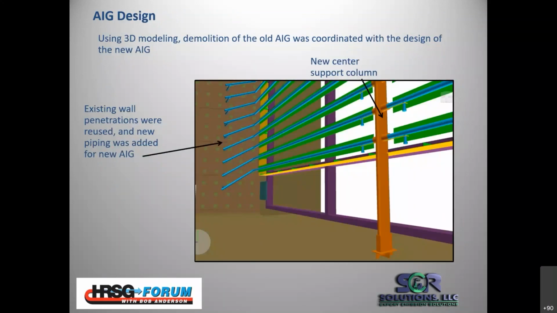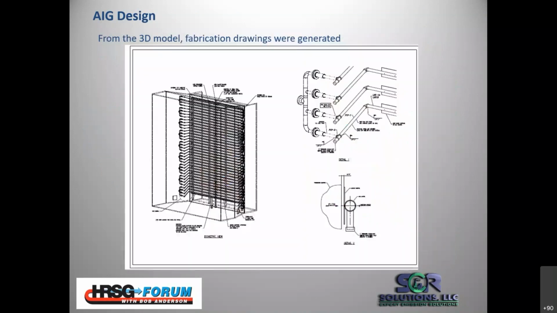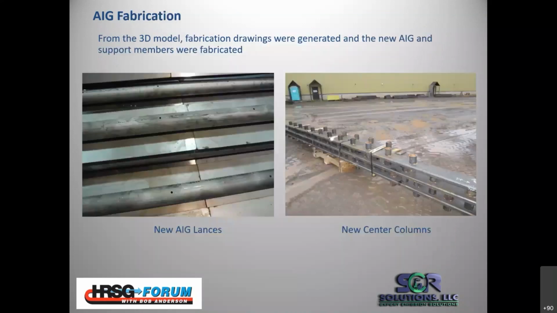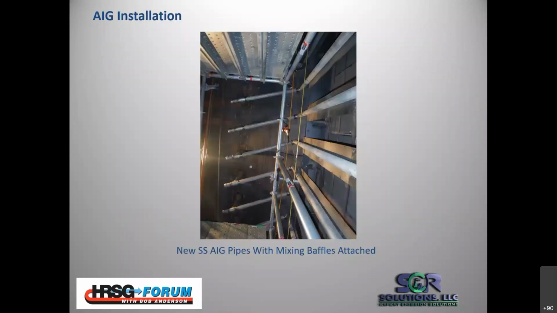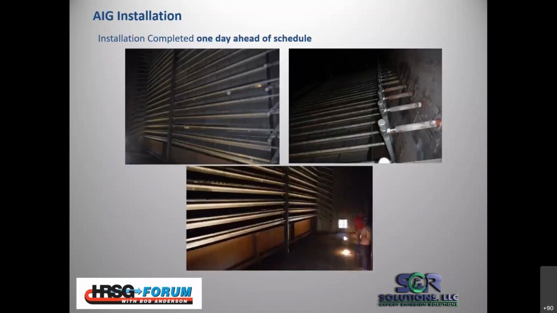There you can see the work that was done. This is a 3D model of what was actually modeled with CFD. We created drawings, fabricated the pipes, the mixing plates, center of support, and there you can see some of the end work. You can see the scaffolding in there to cut the old pipes away and install the new, and that's essentially what the new system looked like.